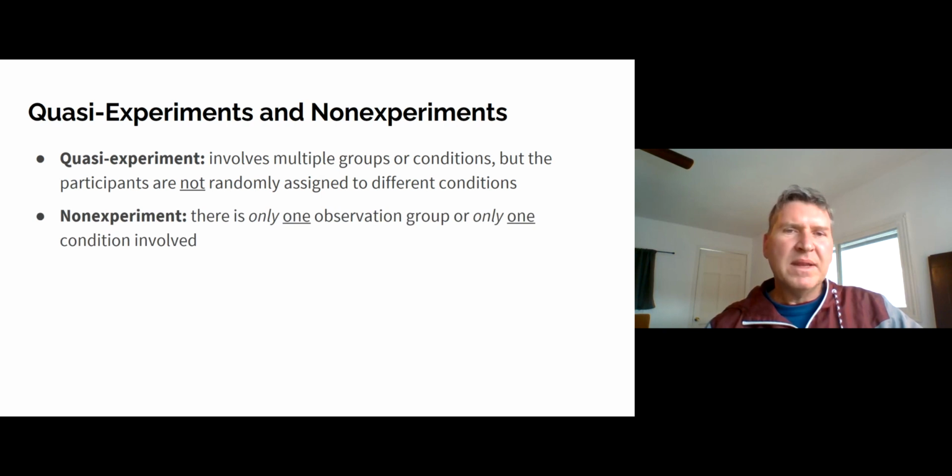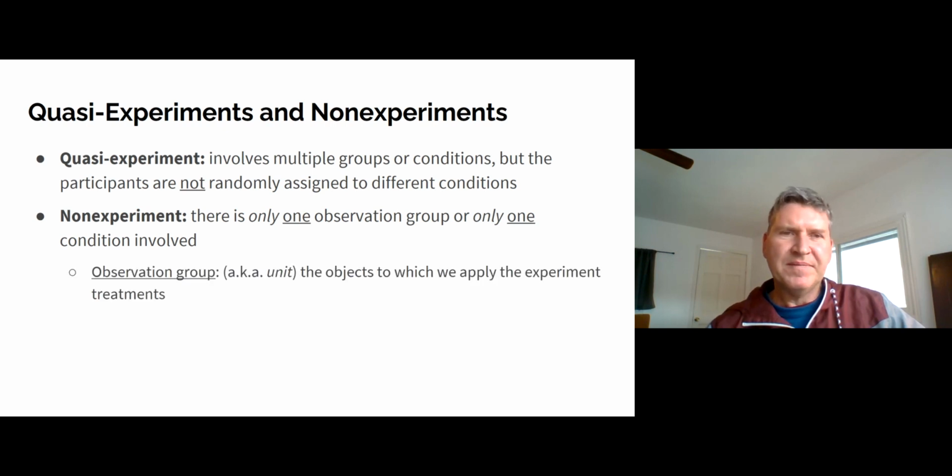The non-experiment is where you have only one observation group or only one condition. So this does not allow us to experiment or change certain independent variables to examine a condition.